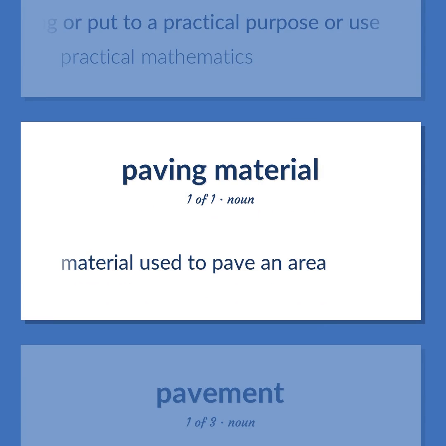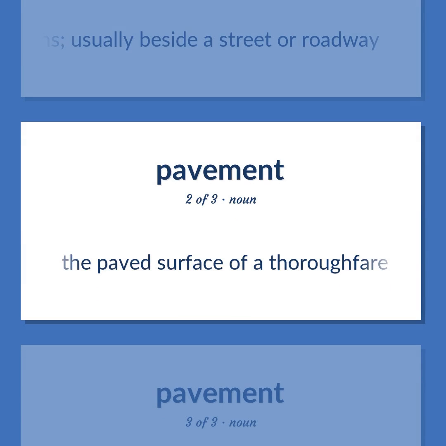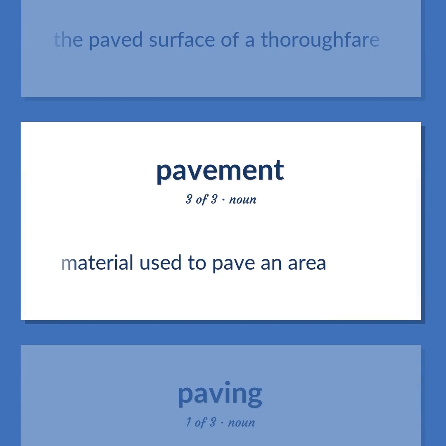Pavement: material used to pave an area. Walk consisting of a paved area for pedestrians, usually beside a street or roadway. The paved surface of a thoroughfare. Material used to pave an area.